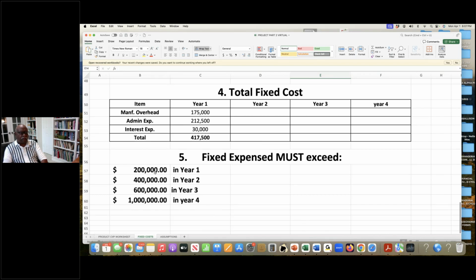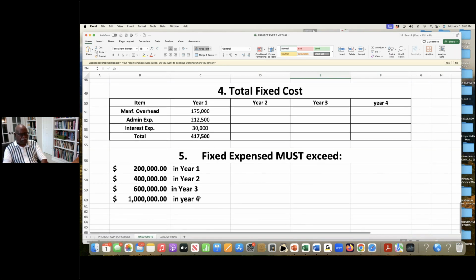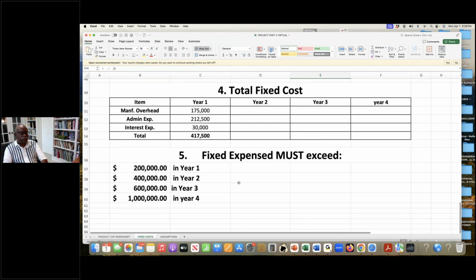So you're changing the fixed expense each year. Year one, when you're losing 100,000, year two, when you're breaking even, year three, when you're making a profit of a million, year four, when you're making a profit of 2 million. So your fixed expenses will be changing each year.